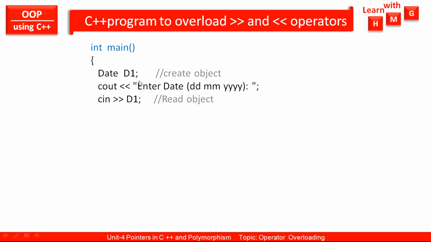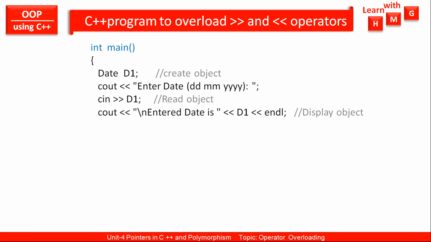So now the d1.getData is replaced with this. Just like we accept the value of a variable, similarly we are accepting the value of the entire object by overloading this extraction operator. And the extraction operator, as per its syntax, is used with the cin object, that is the input stream object. So in this way the entire object is accepted here, that is the read object operation is performed.